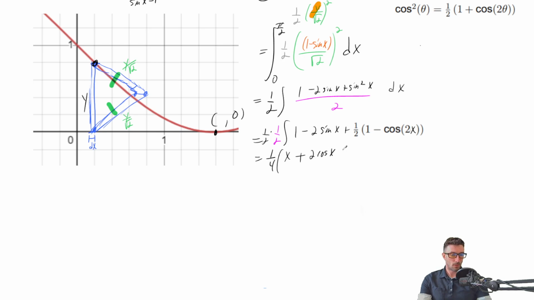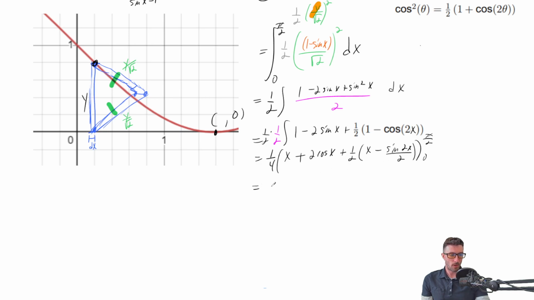And then we're also going to have a half times integral of 1 is x. Integral of cosine 2x is sine 2x over 2. Close this parenthesis, close that parenthesis. And we're doing that all from 0 to pi over 2.